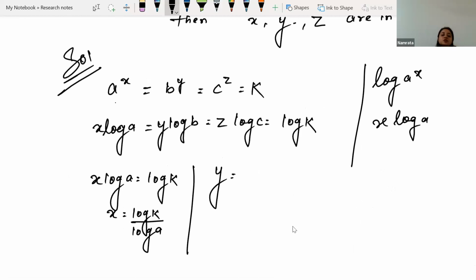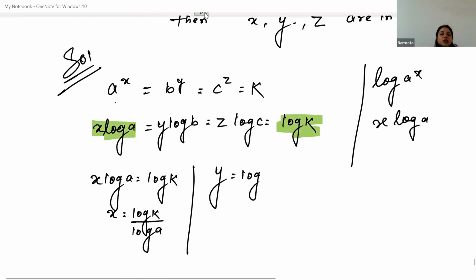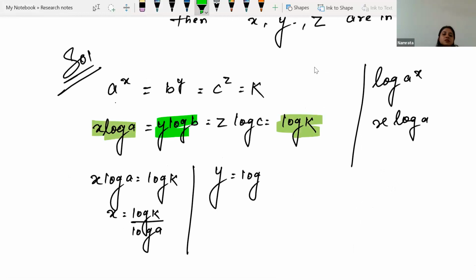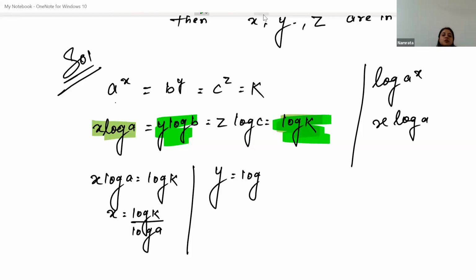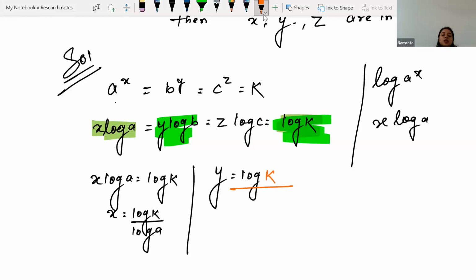Similarly, y is equals to log k. Each and every term we are comparing with the last term directly. Similarly, z log c also we will be comparing with log k only. So y will be log k by log b, and z will be log k by log c. Is it clear so far?